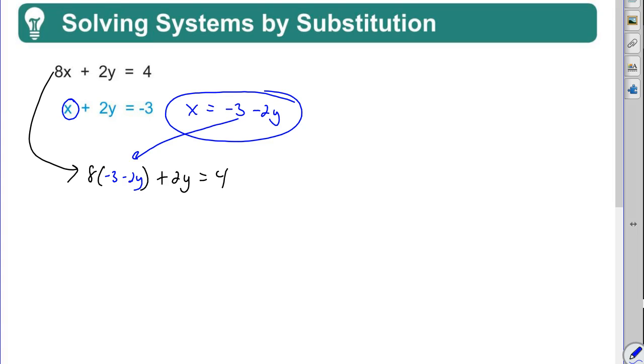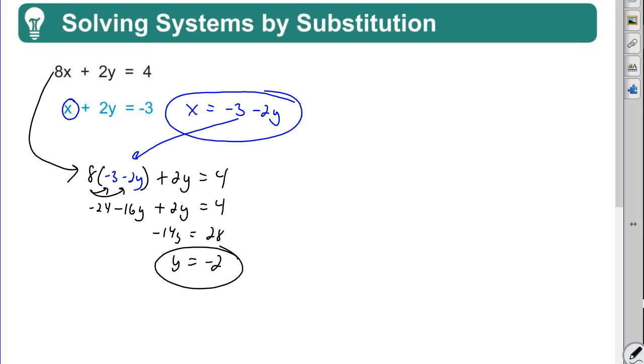Okay, and now I'm going to solve this black equation. 8 times negative 3 is a negative 24. 8 times negative 2y is a negative 16y. We still have plus 2y equals 4. Add my like terms, right? Negative 14y. Add a positive 24 to both sides, 28. And you can see y is going to be negative 2.